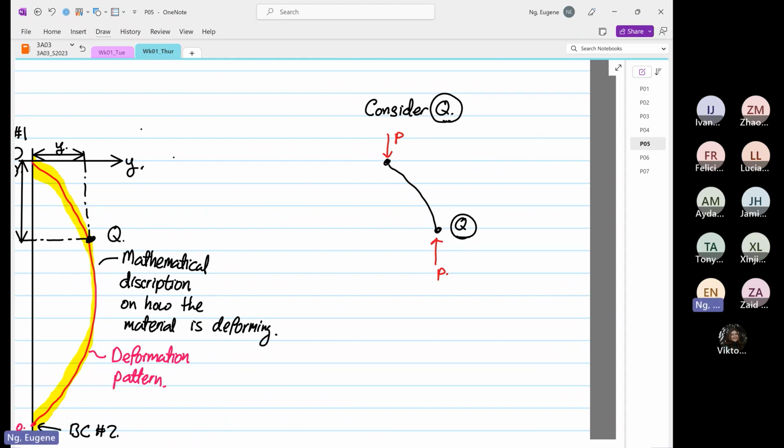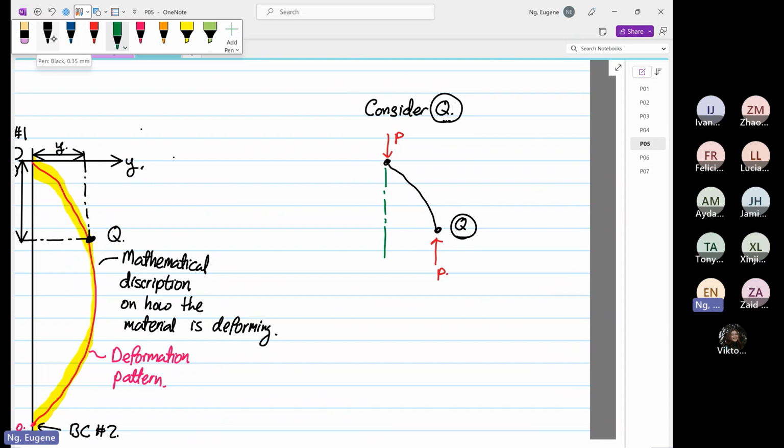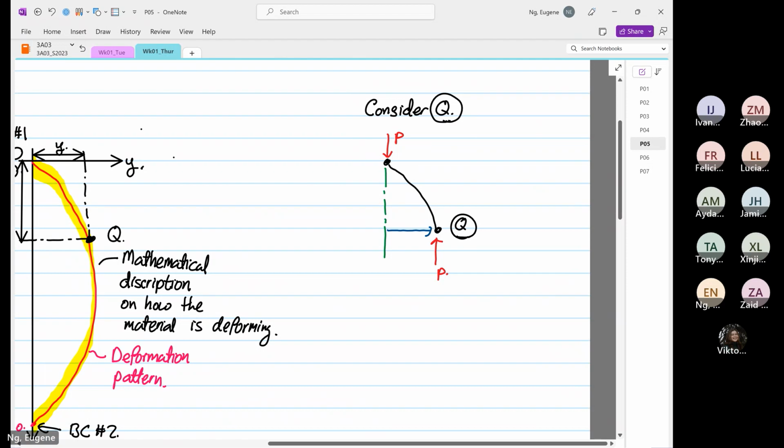And sketching the centroid or instantaneous axis, we know that we have a specific distance over here. This distance is our y.